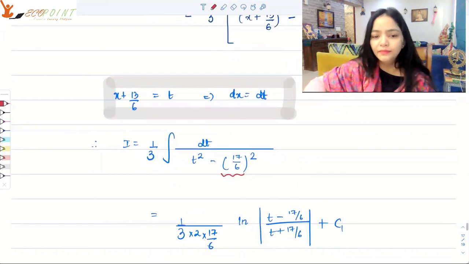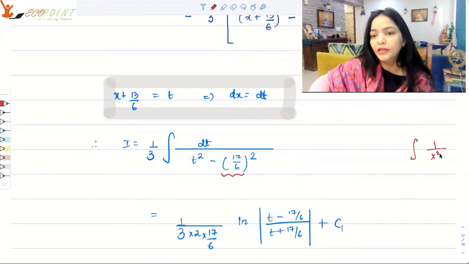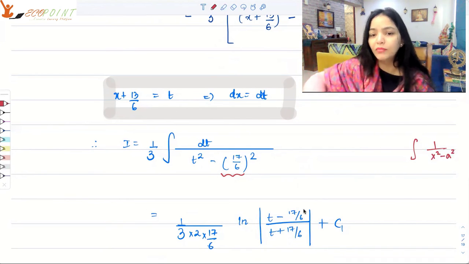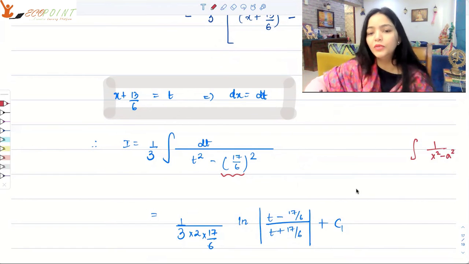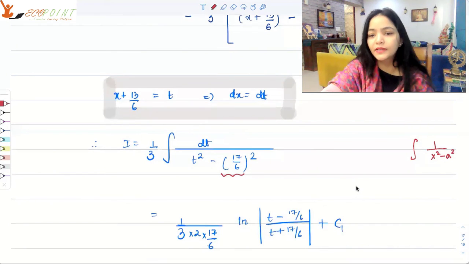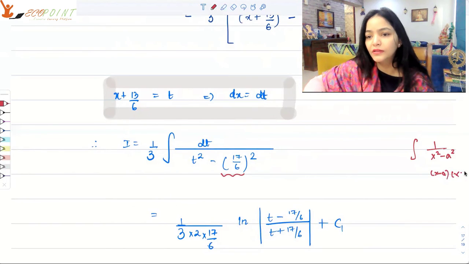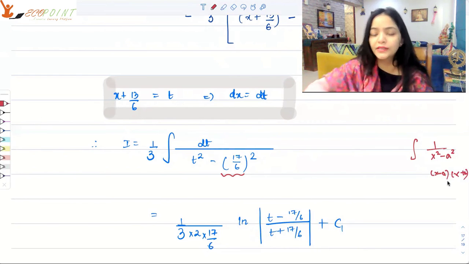Then what will happen? This will be equal to 1 upon 3 into 2 into 17 by 6 log, because this is of the form of the integral 1 upon x square minus a square. Remember, you get an answer which is x minus a upon x plus a, after we created it and then got this answer.